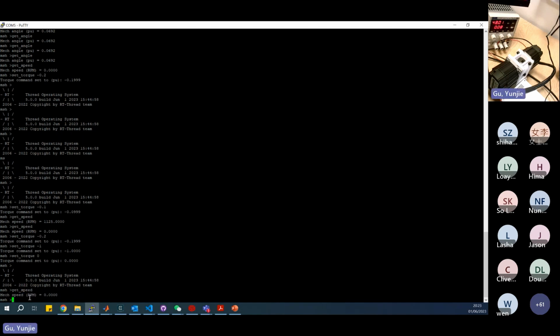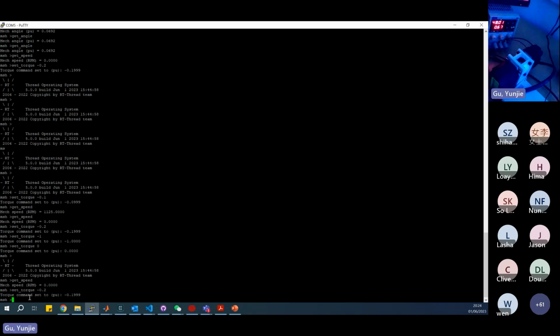We can get the speed of the motor, which is not running. So the speed is 0, which is correct. Then we can set the torque. So you set the torque to 0.2.